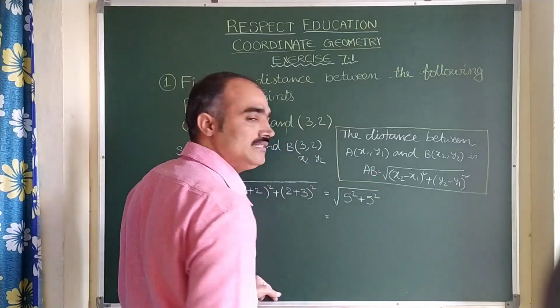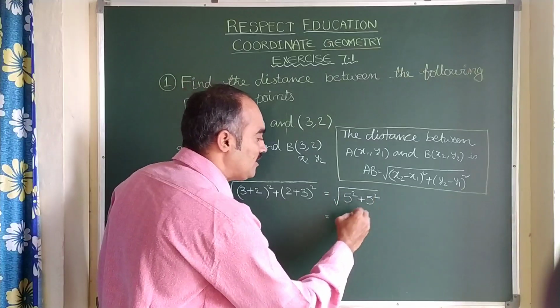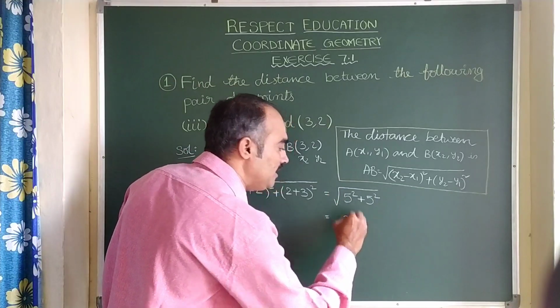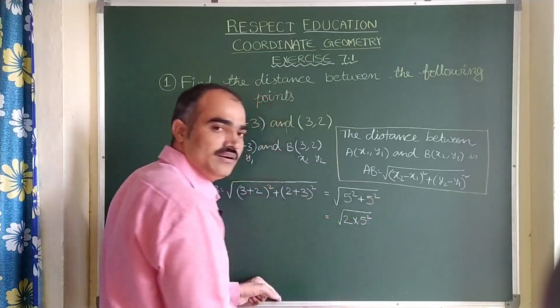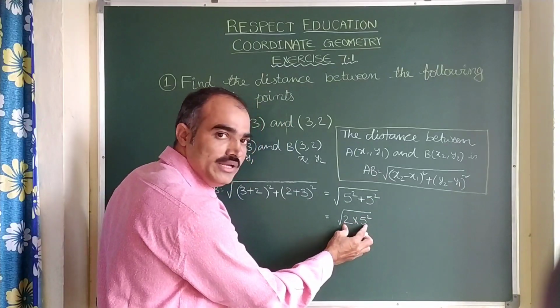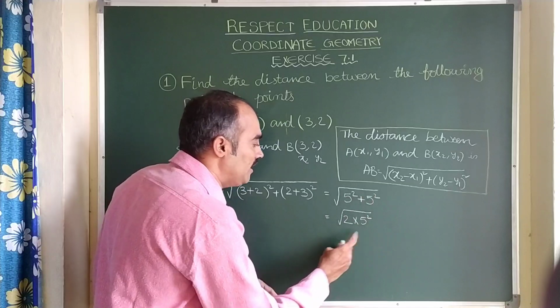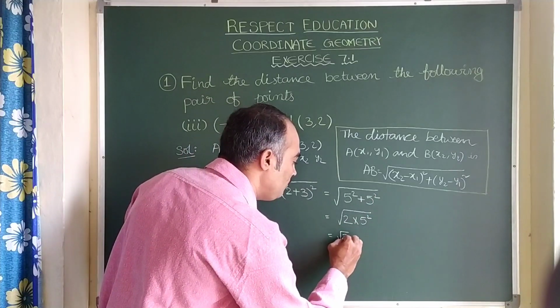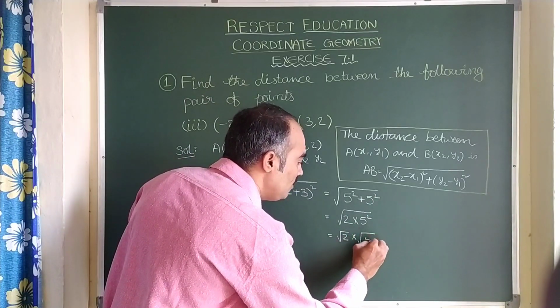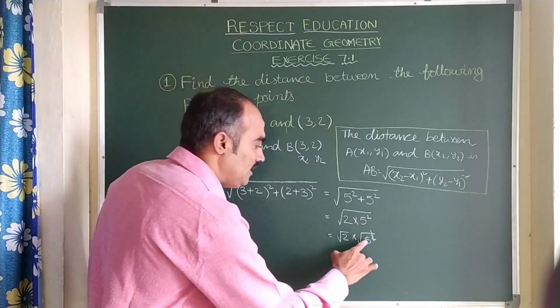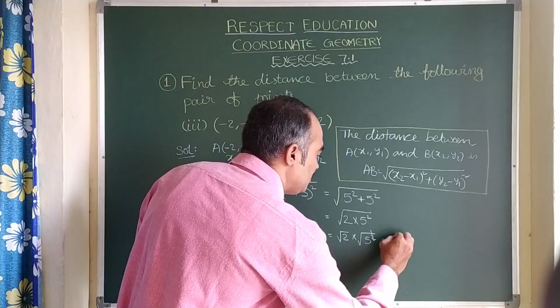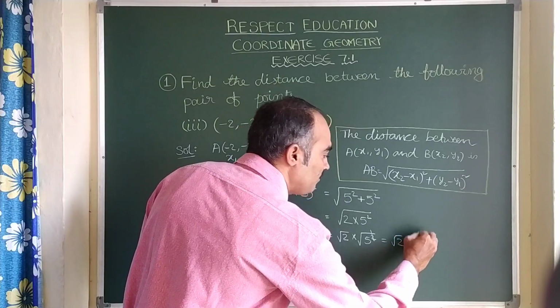So it can be written as 5 square plus 5 square is 2 times, means 2 into 5 square. It is in the form of root A into B, can be split as root A into root B. So here we can write as root 2 into root 5 square. Square and root get cancelled. So here you will get 5. That means root 2 into 5.